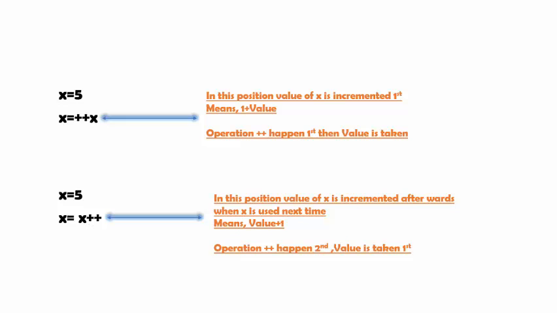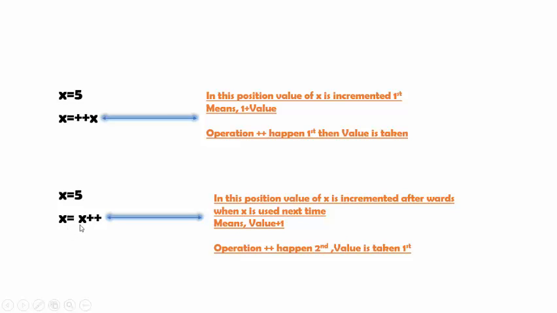So what is the difference between pre-increment and post-increment? In pre-increment, the incremented value is assigned to the variable, and in post-increment, whatever the actual value of the variable is, it is placed as it is in the newly assigned variable.